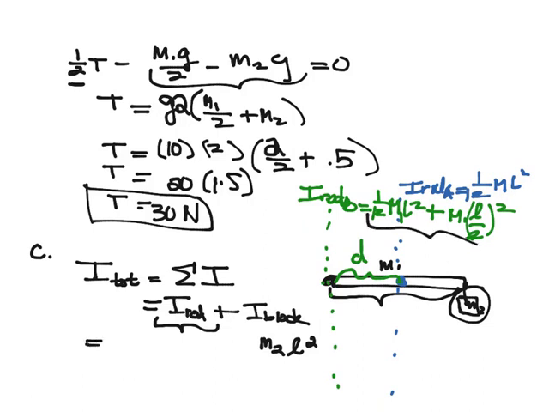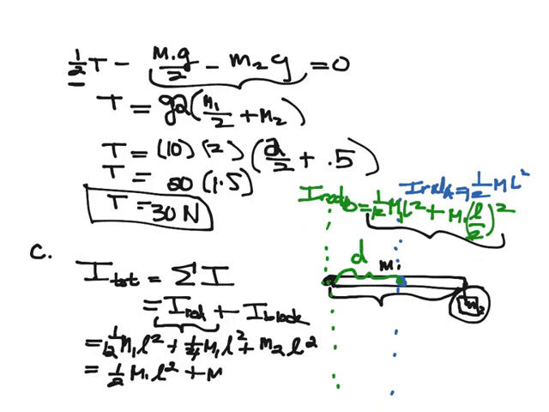I rod is going to be 1/12 m1 L squared plus 1/4 m1 L squared plus m2 L squared. 1/12 plus 1/4 is the same as 1/12 plus 3/12, and so we get 1/3 m1 L squared plus m2 L squared.